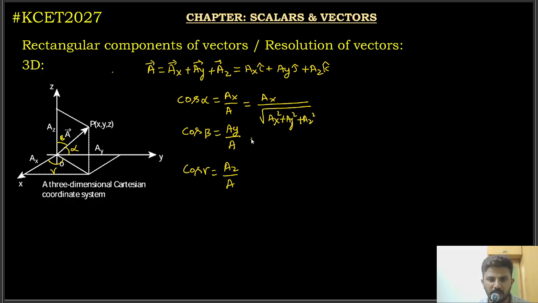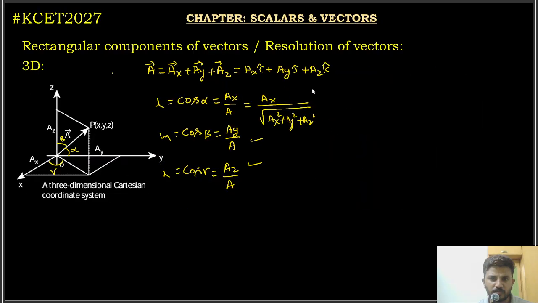This can also be represented by L, M, and N. So we call these three the direction cosines.